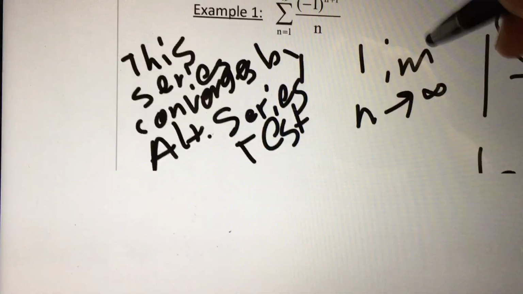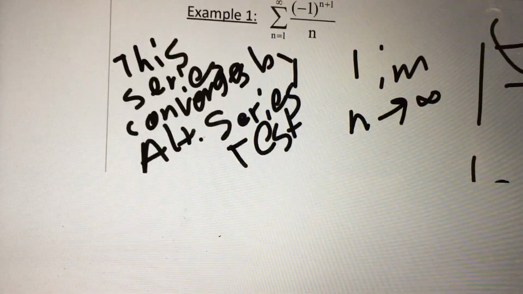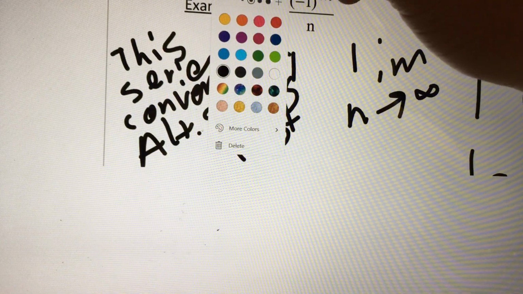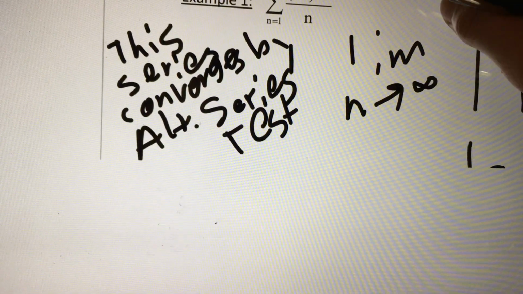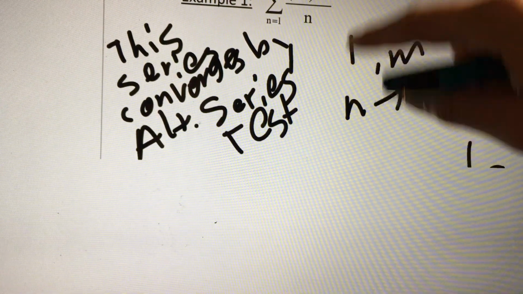The series converges by the alternating series test. Maybe I should just make this a little smaller. Cool. So that's example 1.